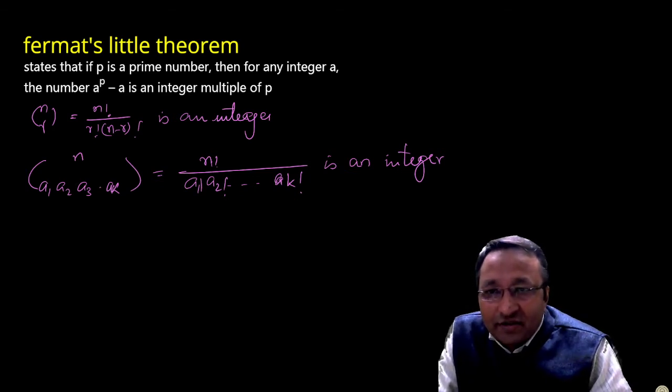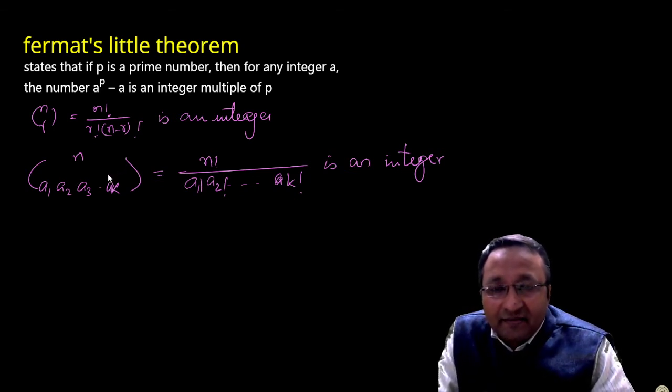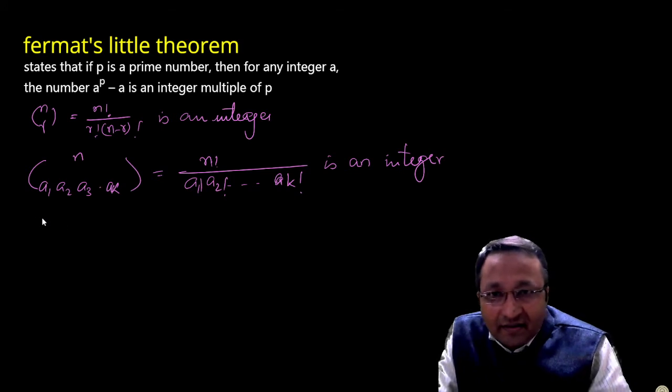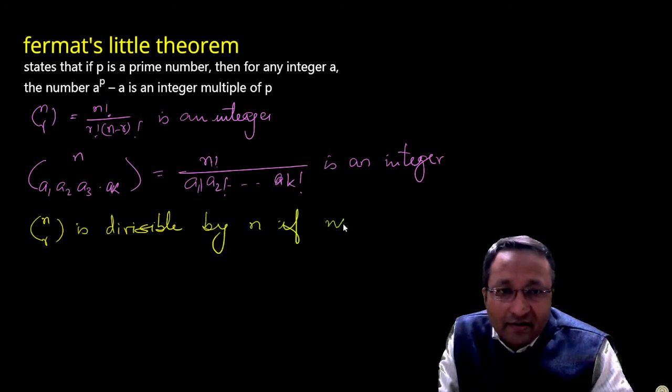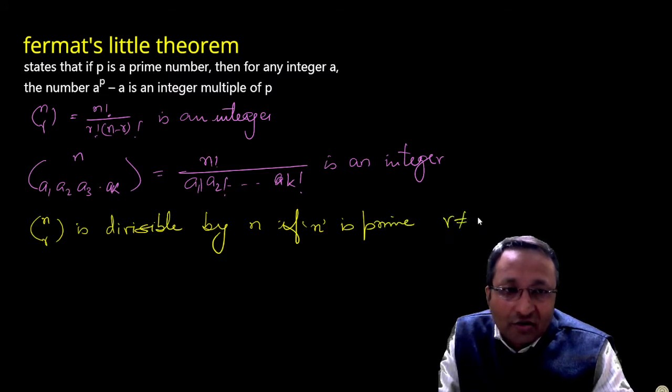Besides, I also take an assumption that n choose r is divisible by n if n is prime and r is not equal to 0 or n.